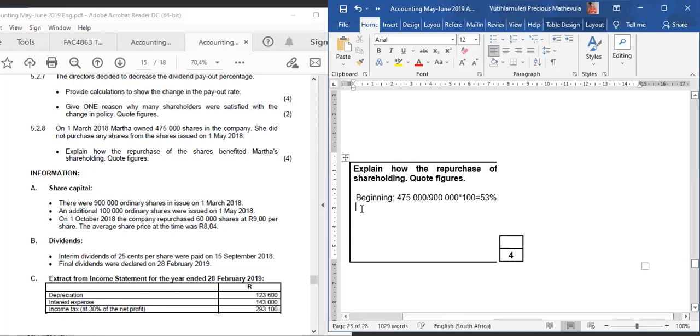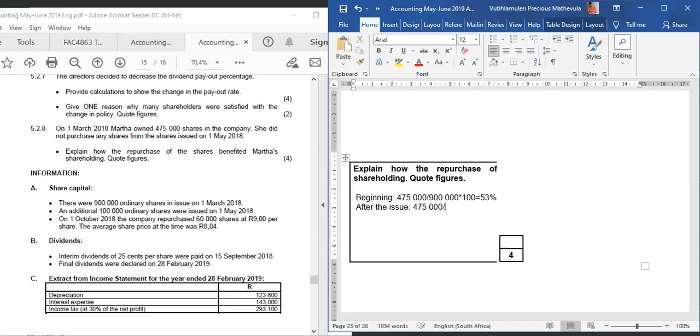And then we had after the issue. Because they issued shares, right? So after they issued additional 100,000, and Martha did not buy any of the shares which were issued.